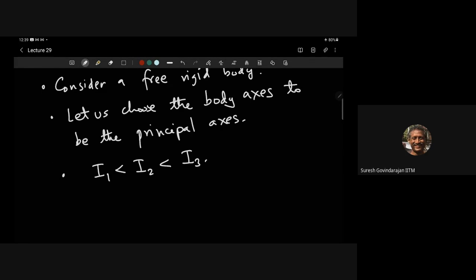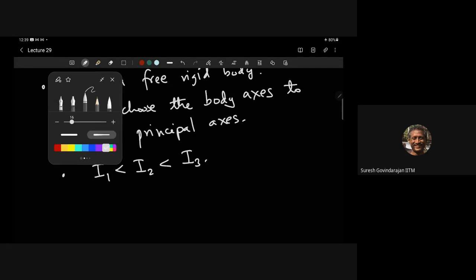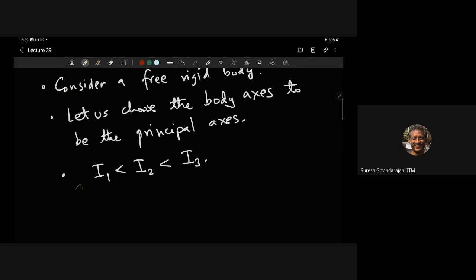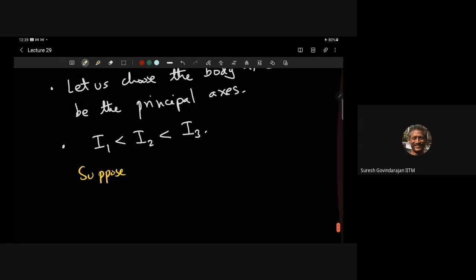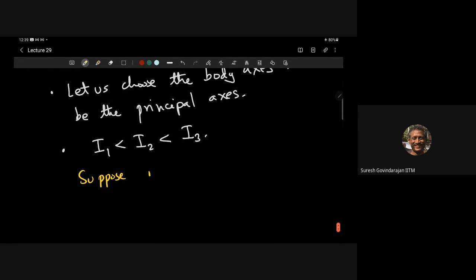So what we'll do now is ask the following question. Suppose we start with omega equal to some omega 1 E1 hat prime. That means we're spinning it about the E1 prime axis, and we want to ask, is this stable?